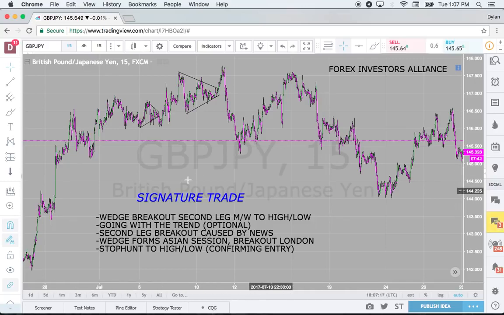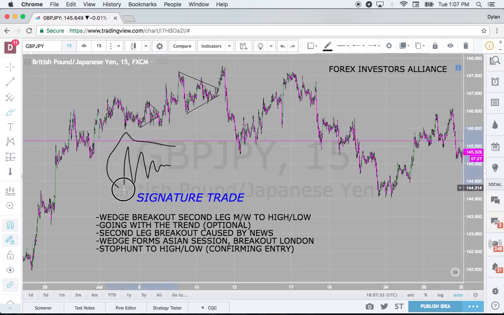Basically, what we will be looking for are wedge formations. We've all seen these wedge patterns happen on every pair.